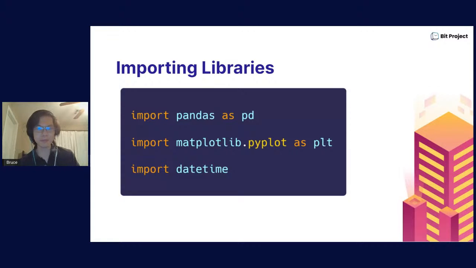And we're going to be importing Matplotlib, but the specific subpackage, pyplot, and we're going to be calling it PLT. Like pandas, you can call it whatever you want, but PLT is what everyone expects. And then we're going to be importing datetime. More on that later. Datetime is basically a package that allows us to manage dates and times in a more powerful fashion.